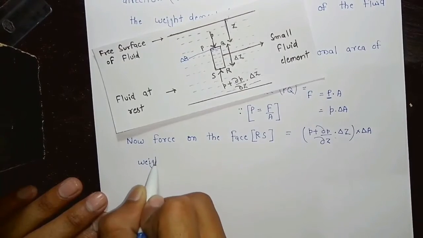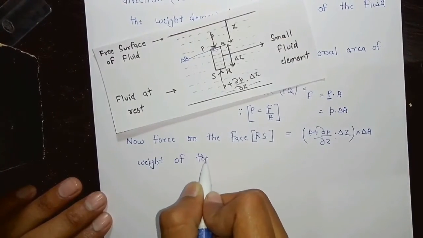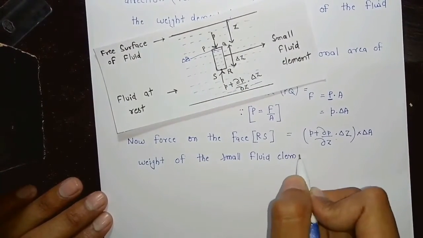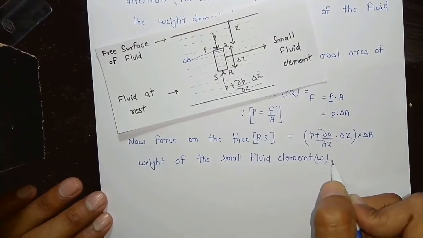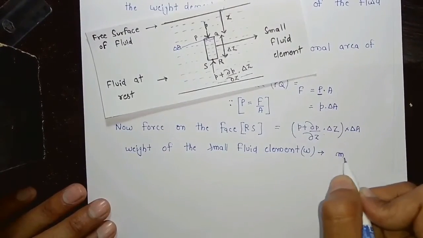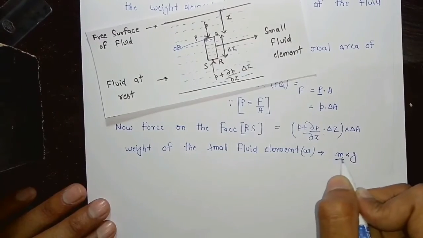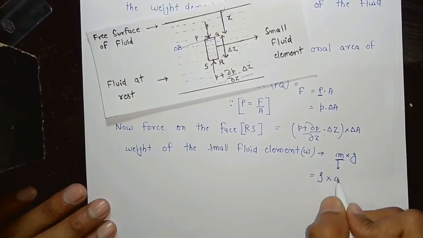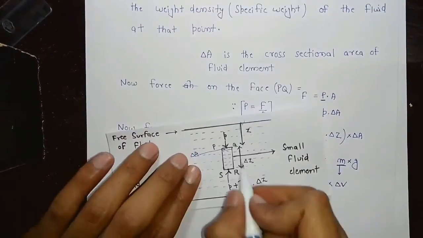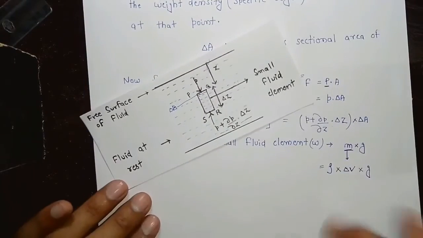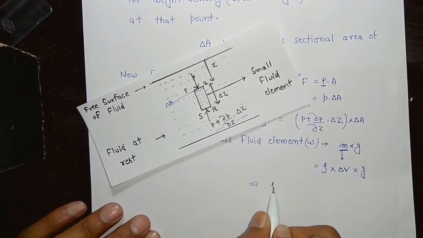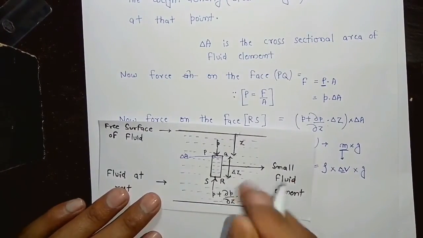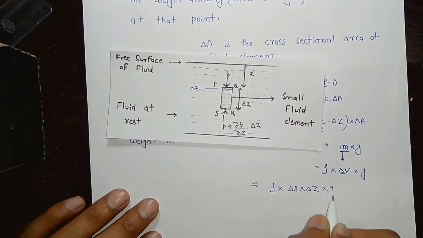Now weight of the small fluid element, small w, is equal to mass into gravitational acceleration, and mass is density of fluid multiplied by its volume, and we can write volume as multiplication of area into height of the small fluid element, delta Z, into g.